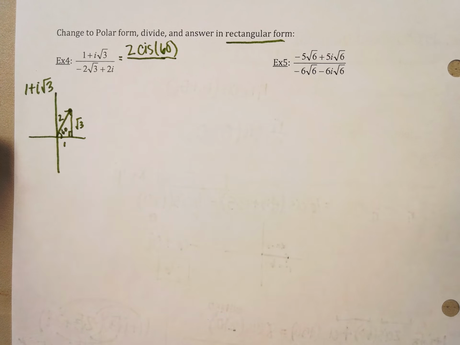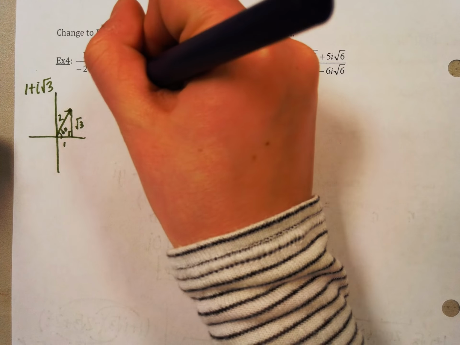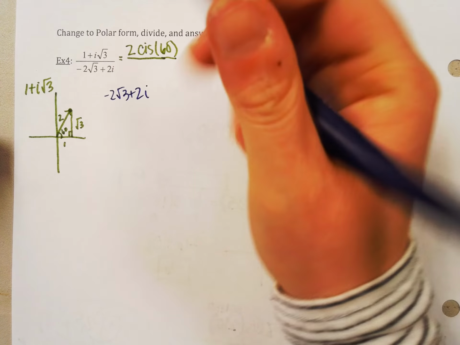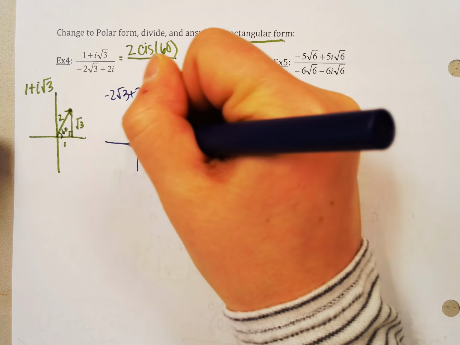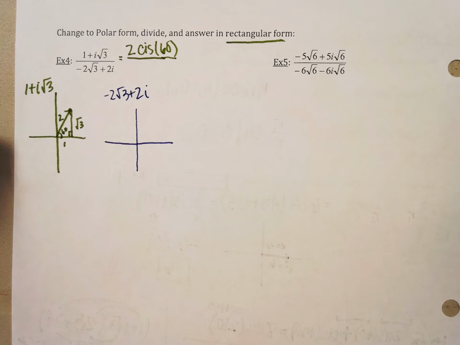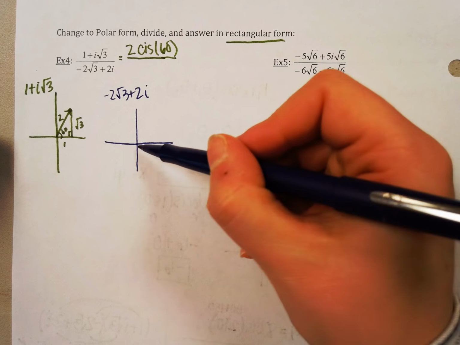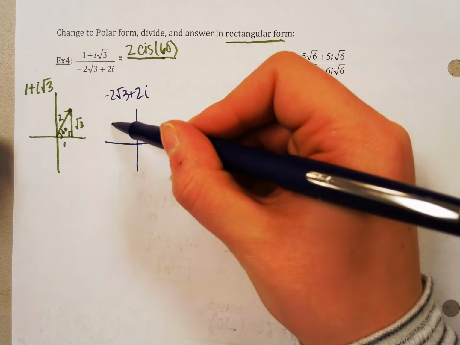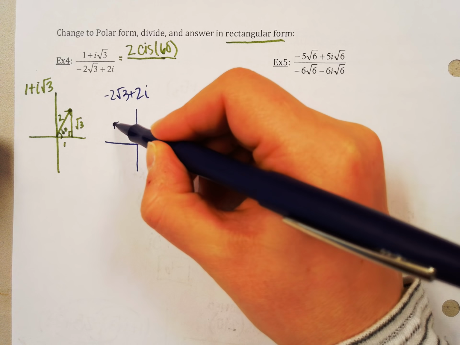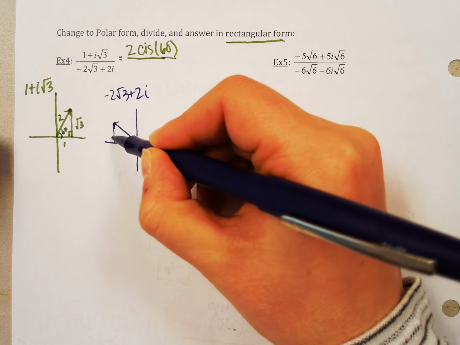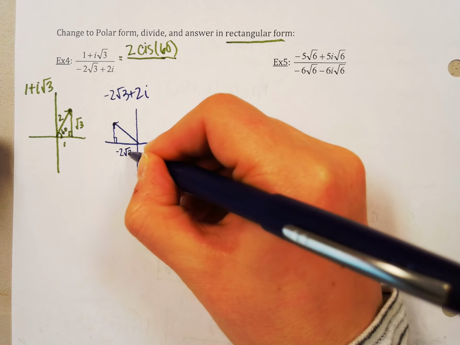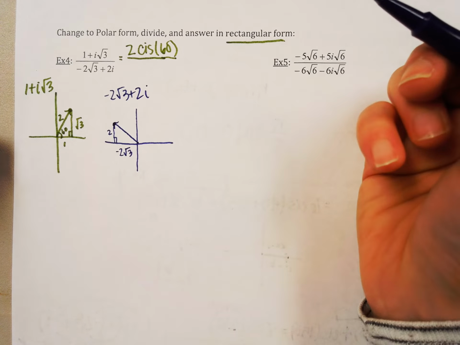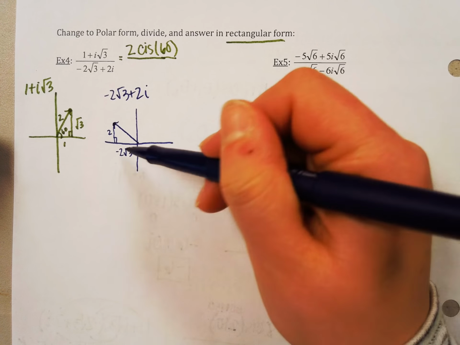Okay, let's do the bottom, which is the negative 2 root 3 plus 2i. I think we've already done this triangle on the front too. So negative 2 root 3, positive 2 gives us this reference triangle. Negative 2 root 3 is here, 2 is here. Again, 30, 60, 90 triangle, we've got a root 3 that's involved.